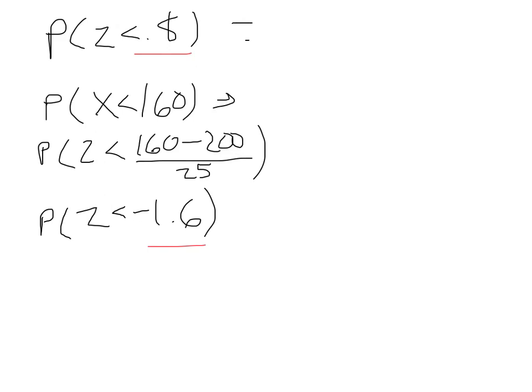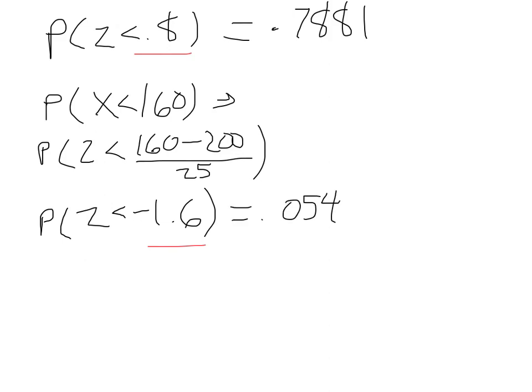So let's grab our table. If you grab your table and you're looking at the positive number, you'd find that at 0.80 you should find 0.7881. And if you look at your negative table and you're looking at negative 1.6, you should find 0.0548.